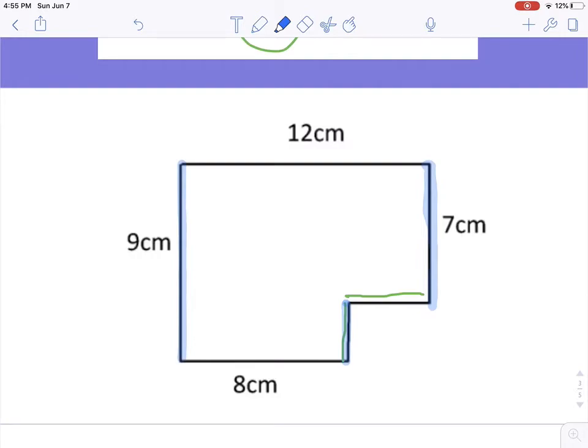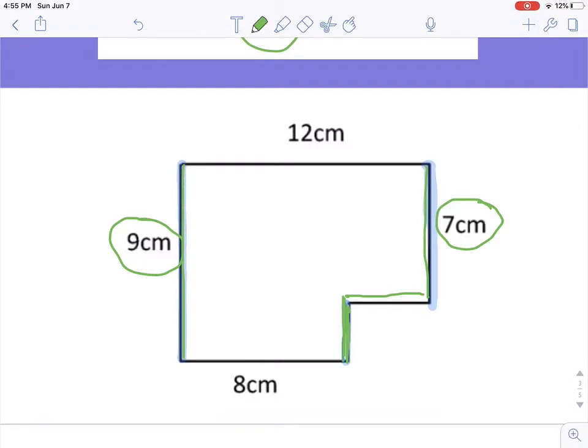Okay, now if I look at these pieces here, I can see that I have 9 as this whole side, 7, which is not quite as long as 9, and then this extra piece here. It looks like if I add this plus this side, I'm going to get all of 9.